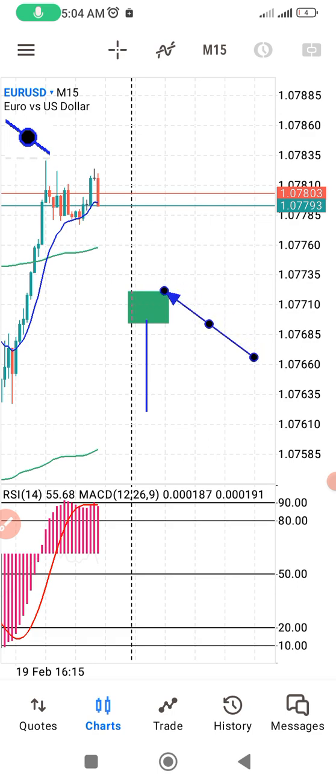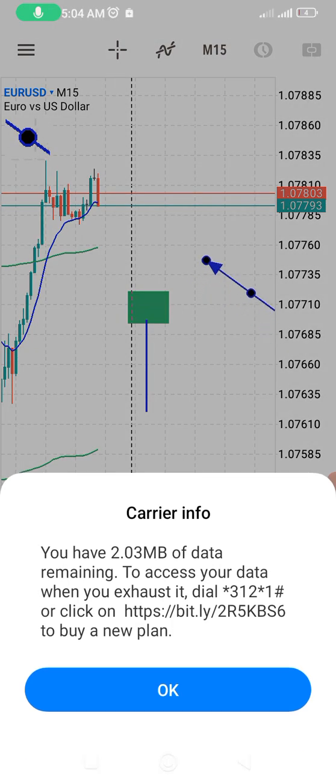Another method is you take your entry 5 pips above the open, which is somewhere here. You can have your entry somewhere in this region. You can send your pending order. That is number 2.